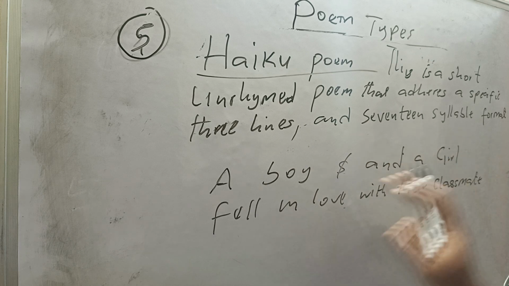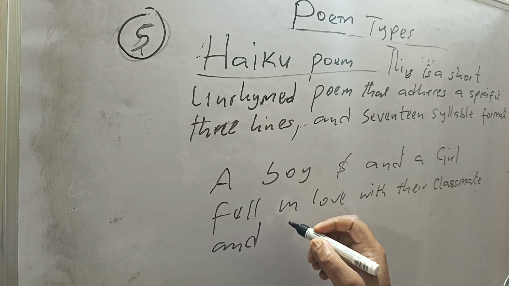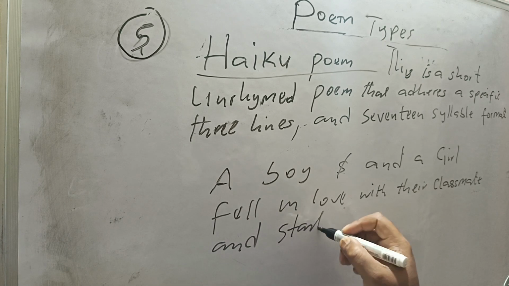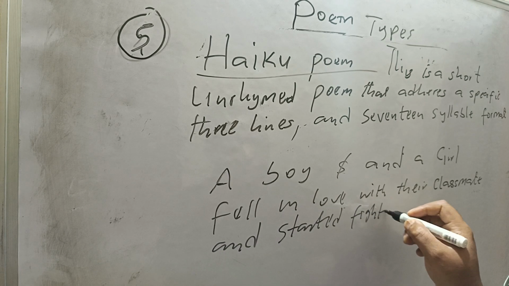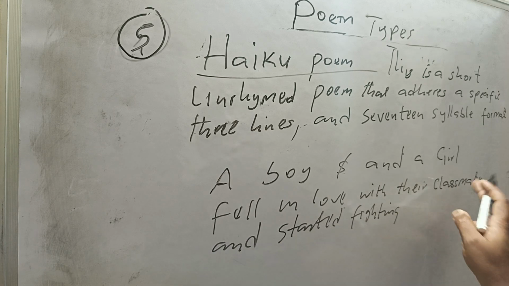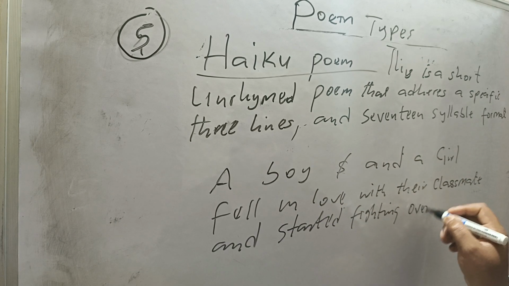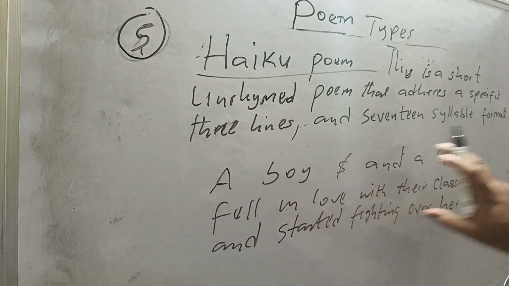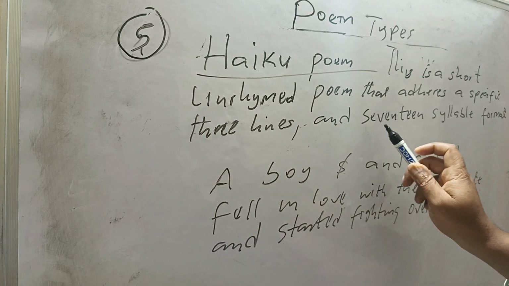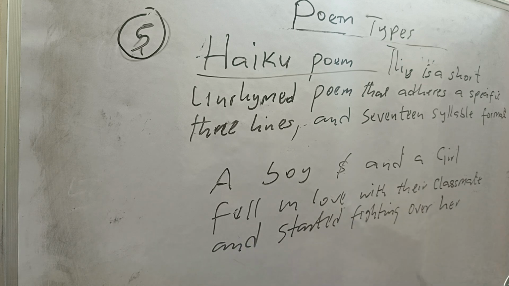One, two, three, four, five, 6, 7, 8, 9, 10, 11, 12. So it's something like this. So it's a 3-line, then 17 in words. Something like that. So that's what this Haiku poem is all about.